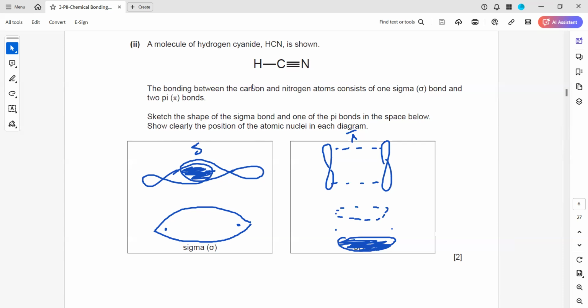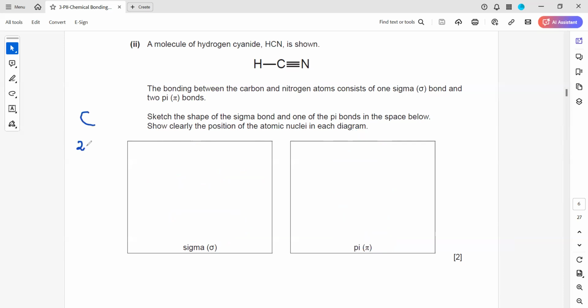If you want to show the overlapping of the carbon 2s with nitrogen 2px, how can it be done? Because the s orbital is spherical, this will be the carbon, and this will be the nitrogen 2px. So what shape will it be?